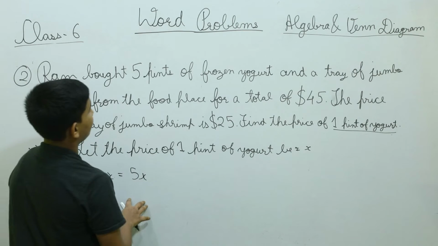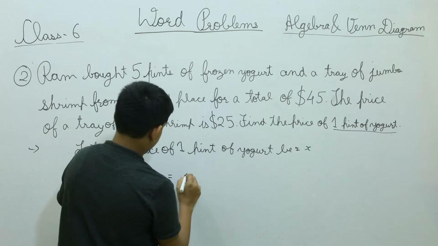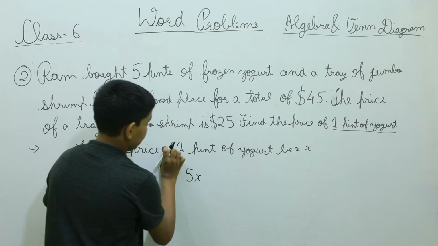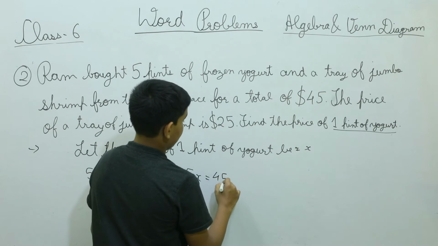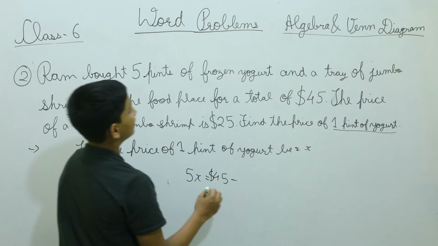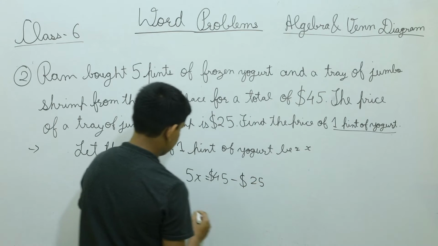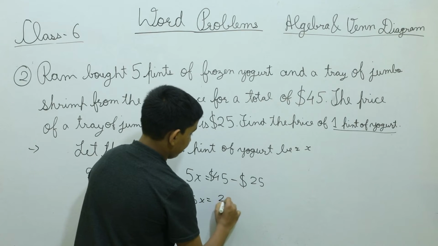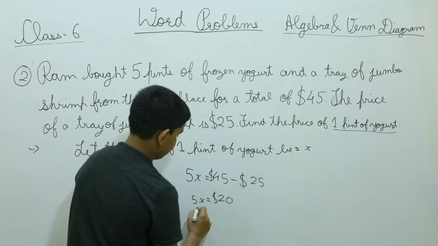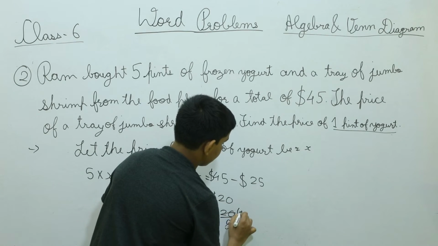Now we need to find a value of x. So to find it, we will do 5x and the value of 5x should be 45, which is the total cost, minus the cost of the jumbo shrimp, which is $25. So 5x equals $20 and so x equals 20 by 5, which is 4.